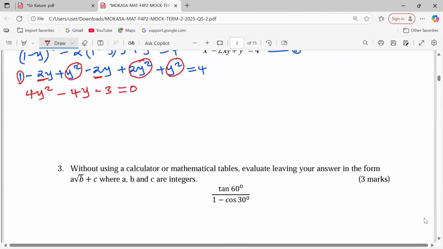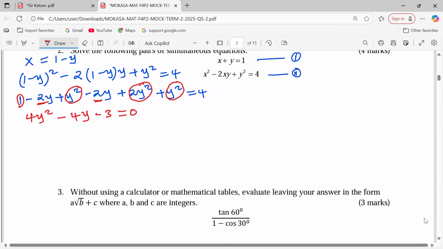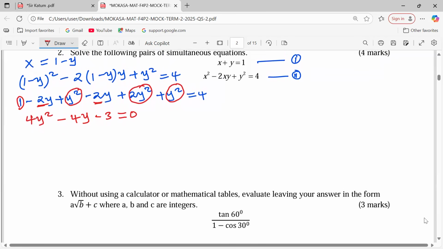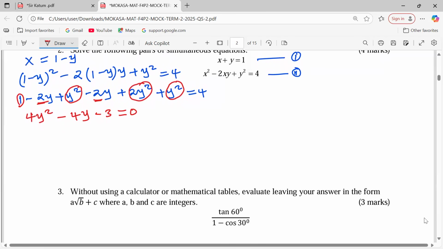Remember, there are very many methods you can use to solve a quadratic equation. Now that we have some Form 2s on board, following up with this program, I would like to embrace the factorization method, whereby we need factors whose product is A times C. A times C means 4 times -3, that's -12.